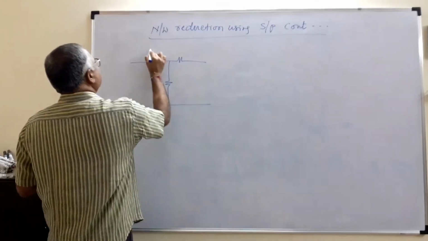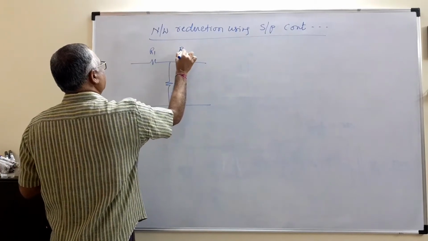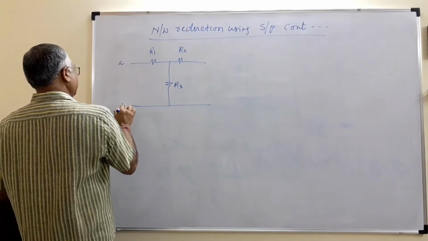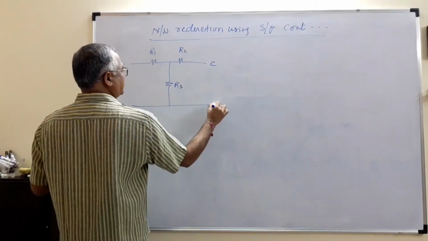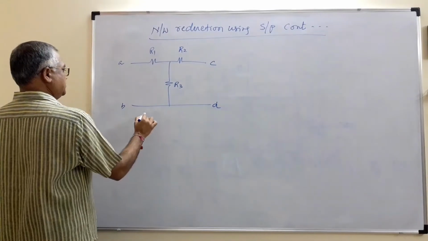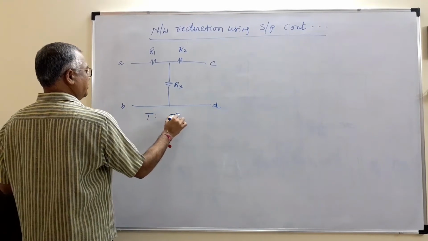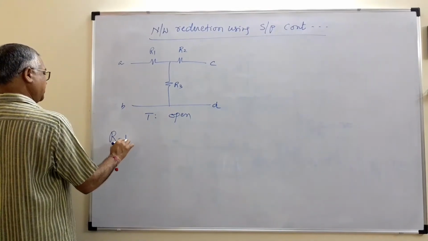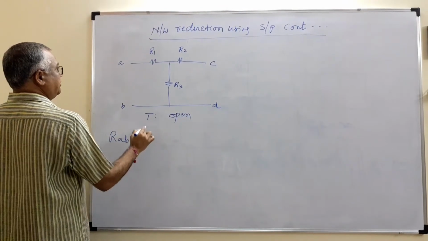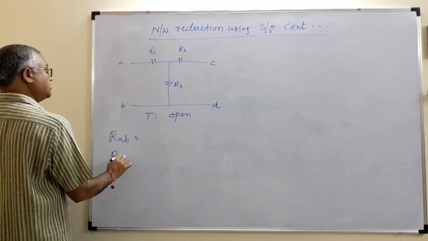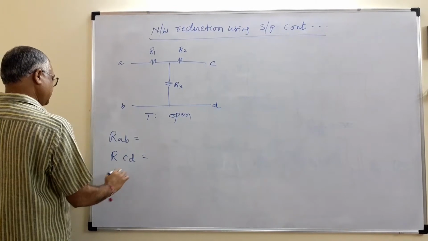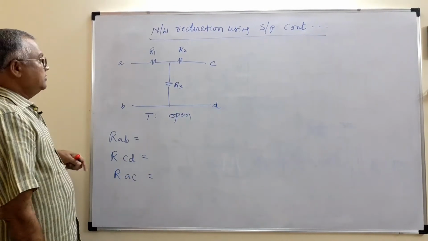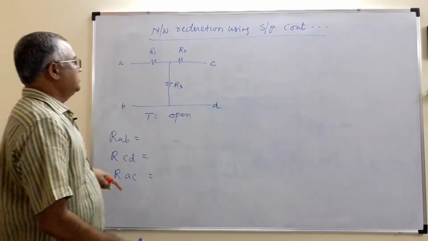We took R1, R2, R3, with terminals AB and CD, the T network with open. In this we answered RAB, RCD, and RAC. So it is a resistive network.